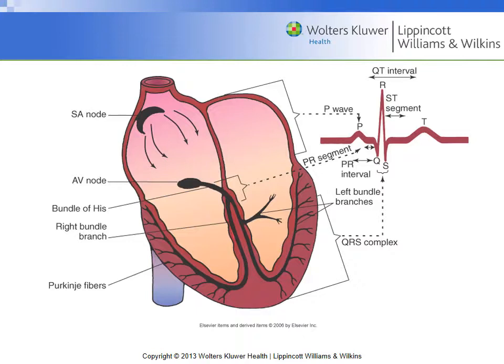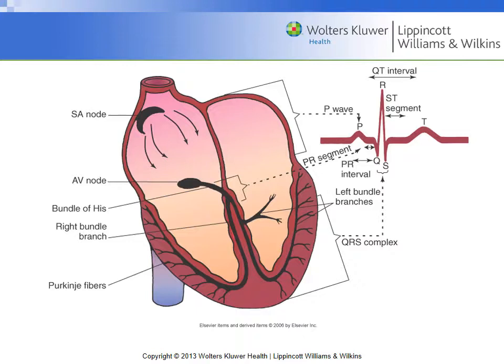If you note, conduction through the SA to the AV node signifies the P wave, and most particularly for our measurement purposes, the PR interval. The QRS shows conduction through the AV node and down into the bundle of His, the QT interval.